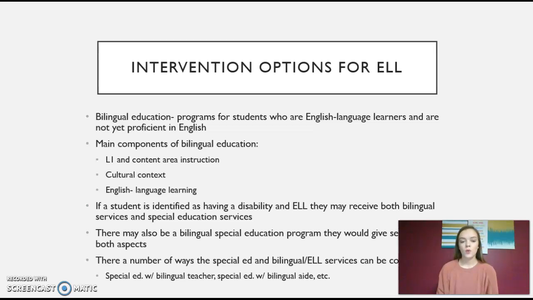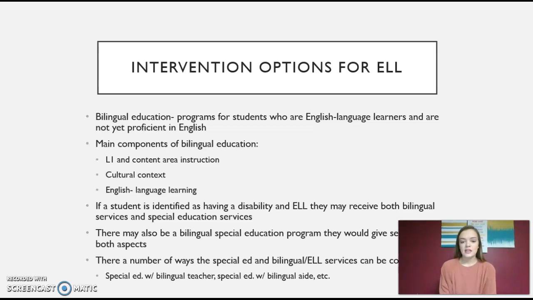One would be the L1 and content area instruction. The second would be cultural context, and lastly would be English language learning, so teaching the English language. Bilingual education really focuses on learning both languages because you are probably going to be more proficient in life and later if you know both languages well.